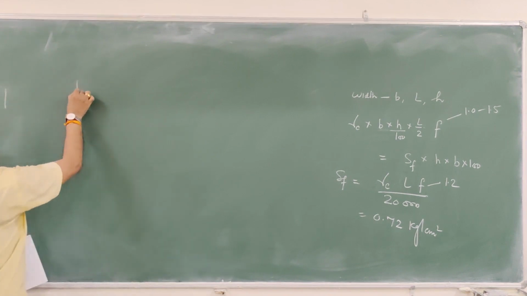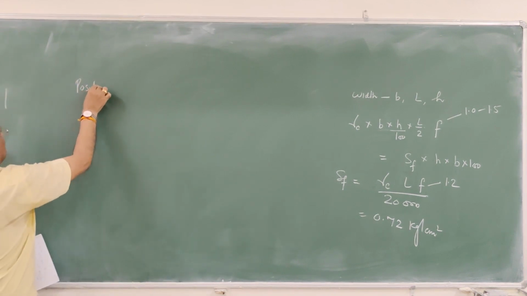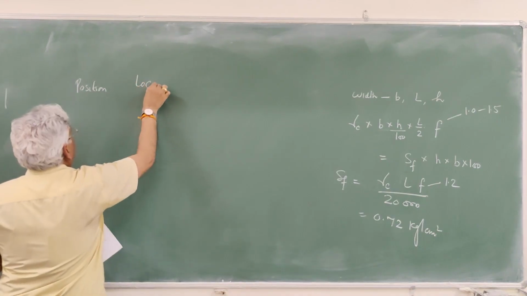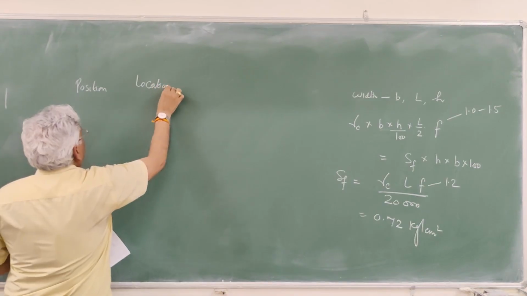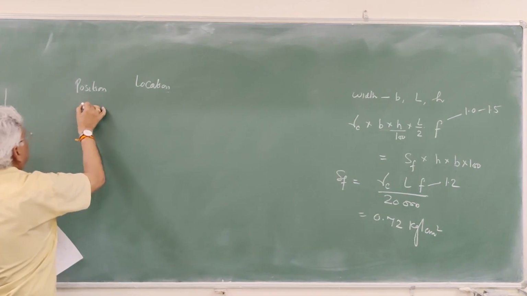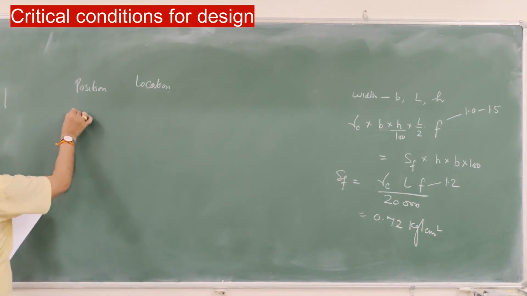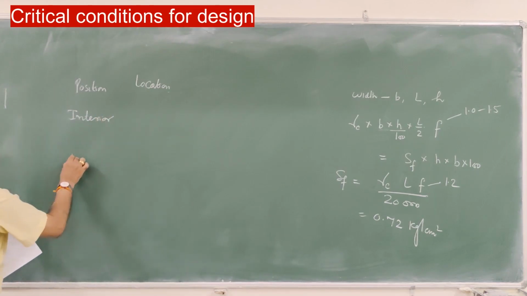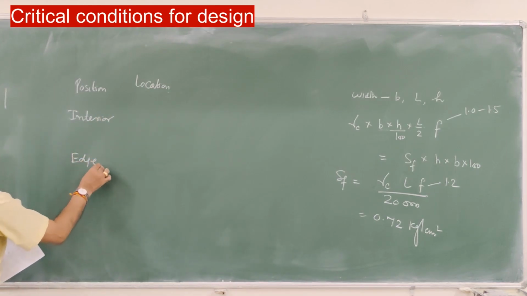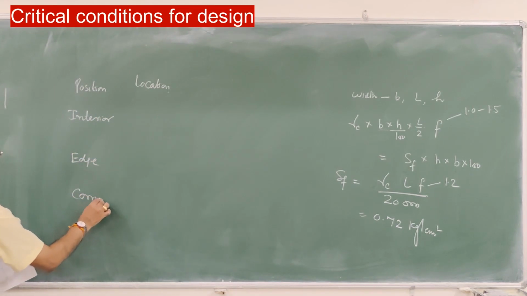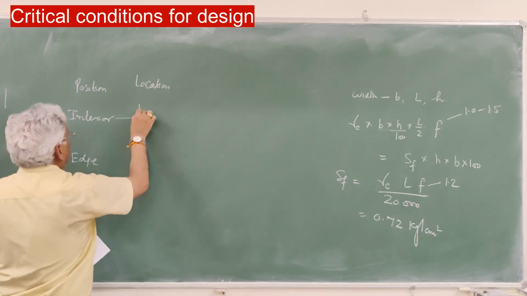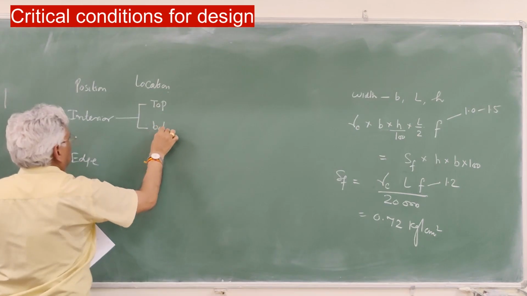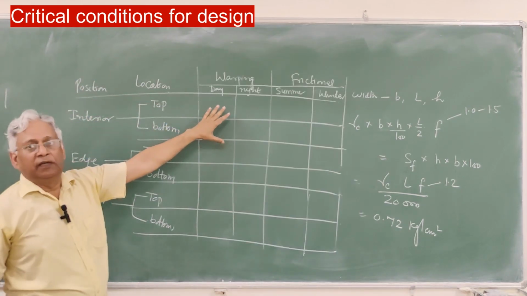So if you take, let us say, position in the slab and location, position is interior, edge and corner, and location for each is top and bottom. So now you can prepare this kind of matrix.